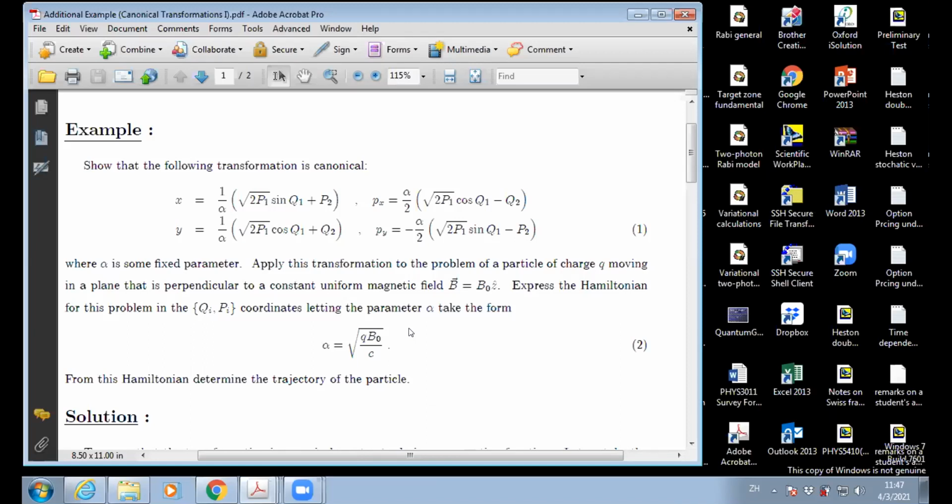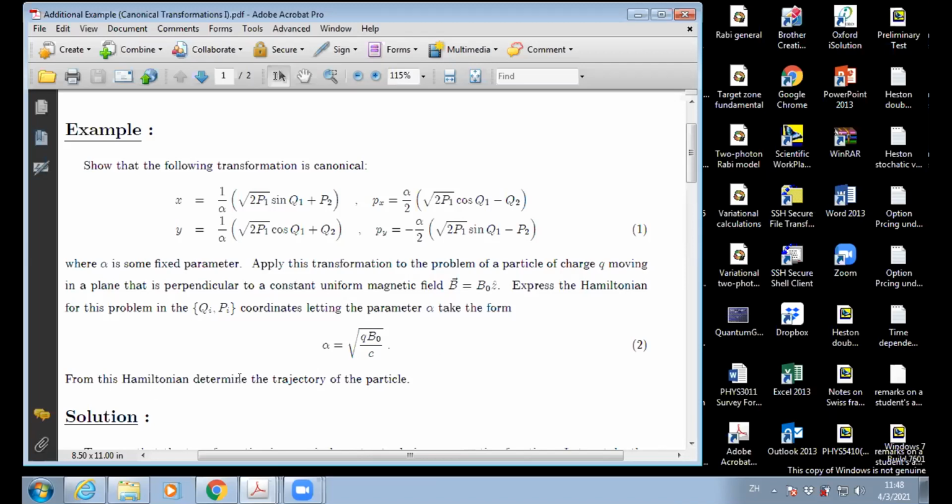Apply this transformation to the problem of a particle of charge Q moving in a plane that is perpendicular to a constant uniform magnetic field. Express the Hamiltonian for this problem in terms of the q, p, capital Q, capital P coordinates, letting the parameter alpha take the form given in equation 2.